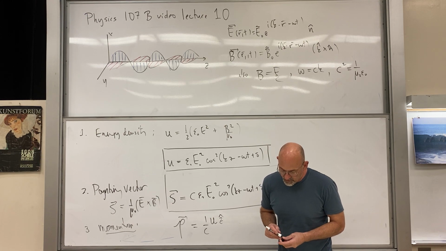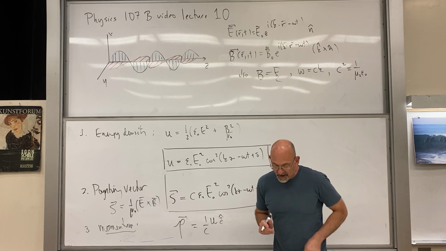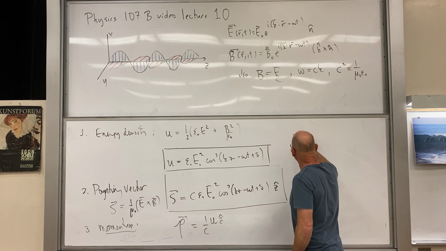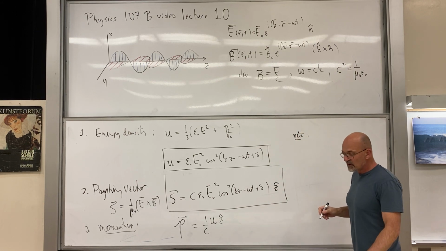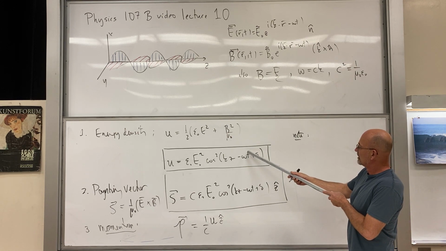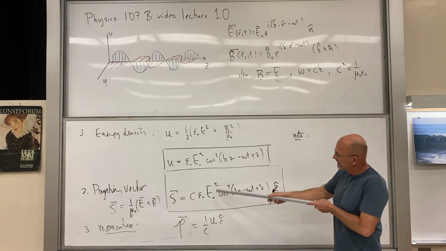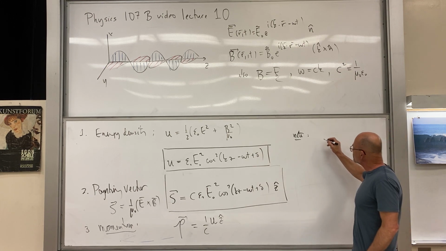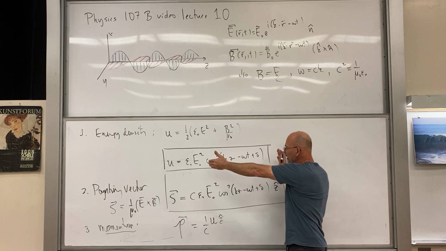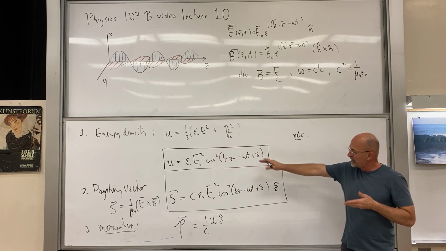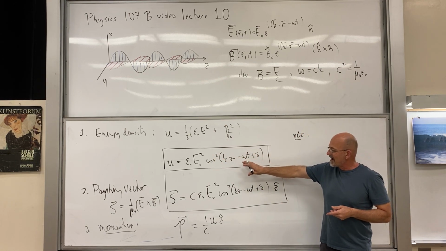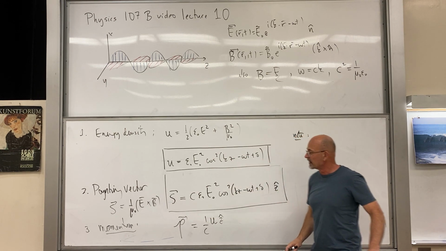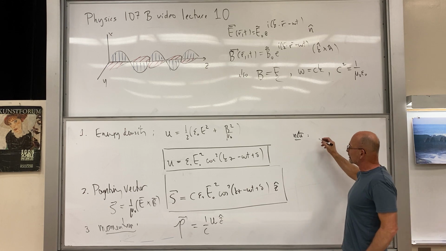So we can, of course, also define these things. I'll just put this as a note. These are the oscillating quantities, with your cosine squared. So for average values, you average over a period of the cosine squared, or as many periods as you want to average over, and the average of the cosine squared is well known. It's 1/2. So then we can put these things in square brackets.